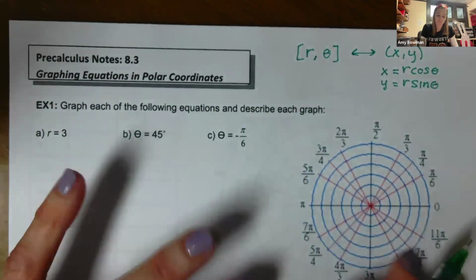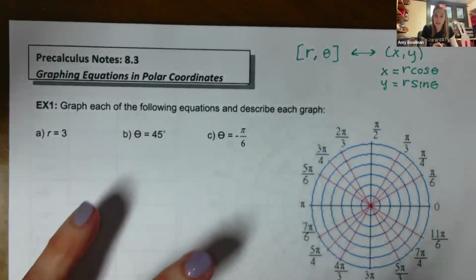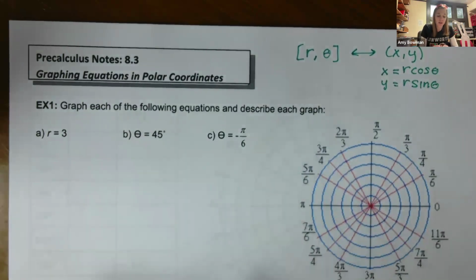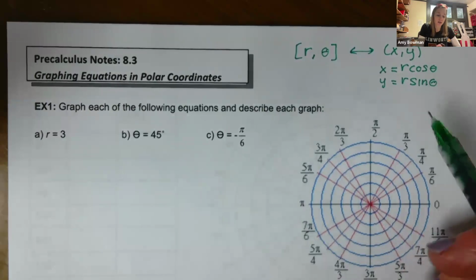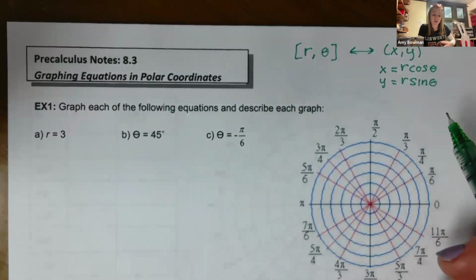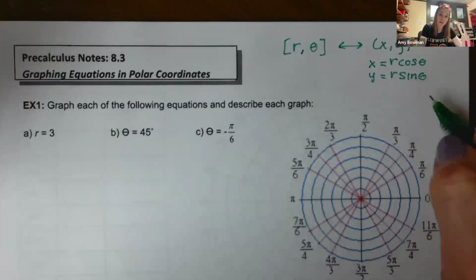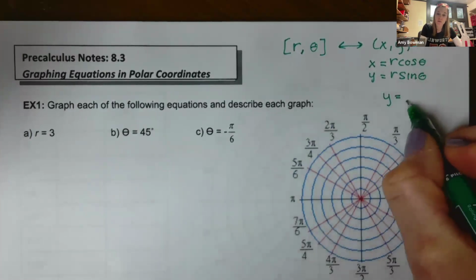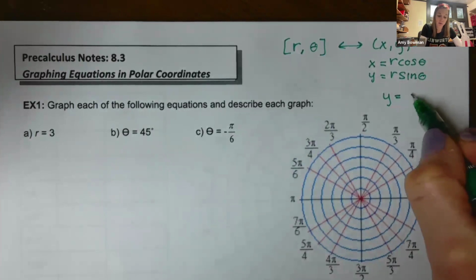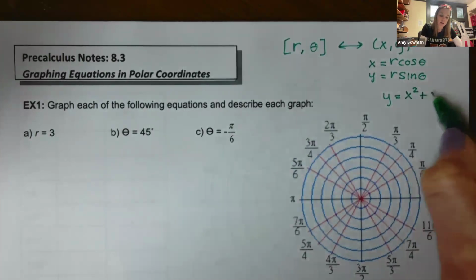Now what we're going to do is expand this a little bit and start looking at not just graphing single points on the polar coordinate system, but actual equations. What you were used to in rectangular world is graphing equations in the form of y equals some function of x. Like if we're talking about quadratics, x squared, whatever.